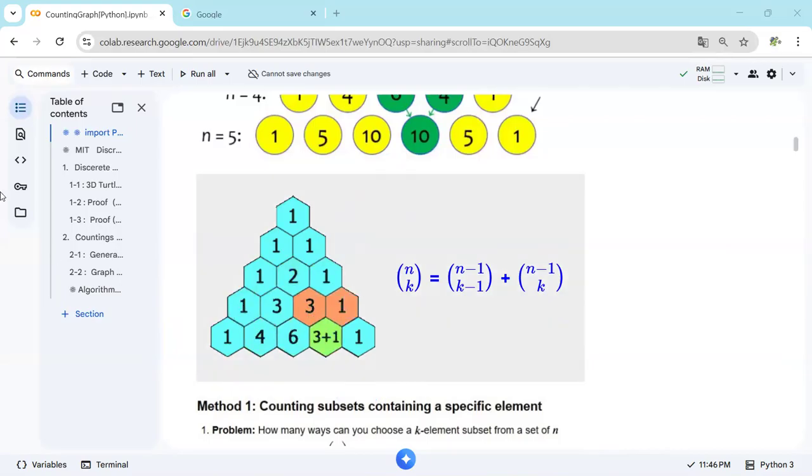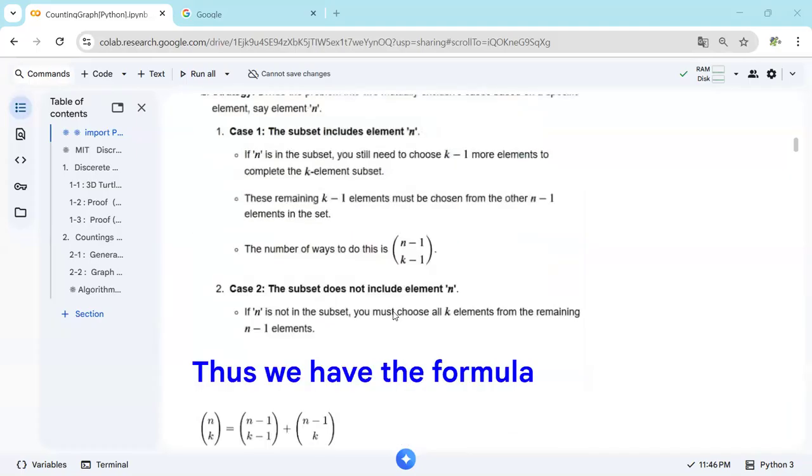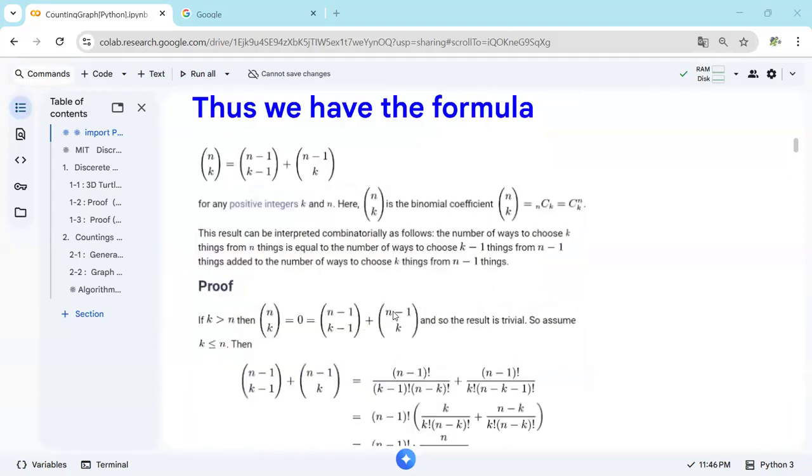Then maybe we can present two proofs. The first one is just we know that n choose k is n times n minus 1 up to n minus k plus 1 divided by k factorial.